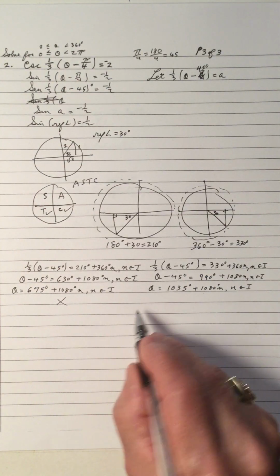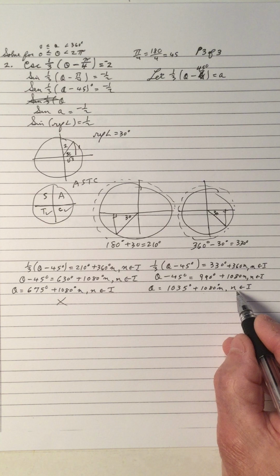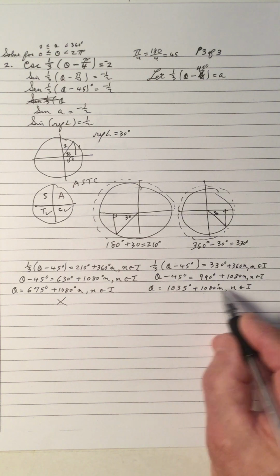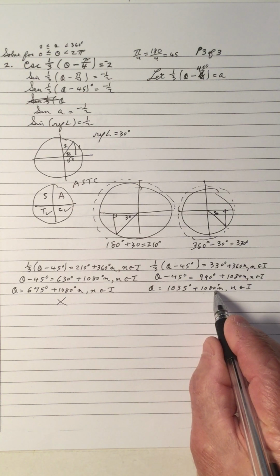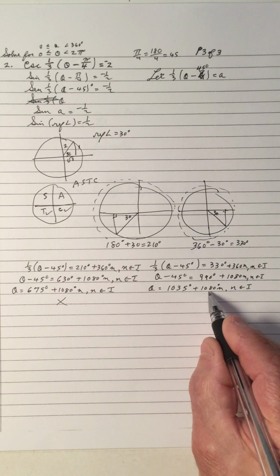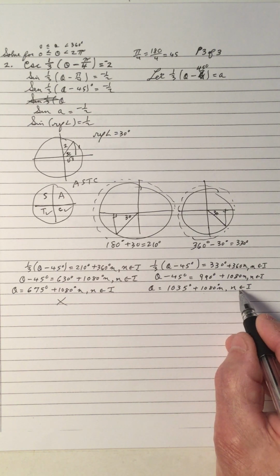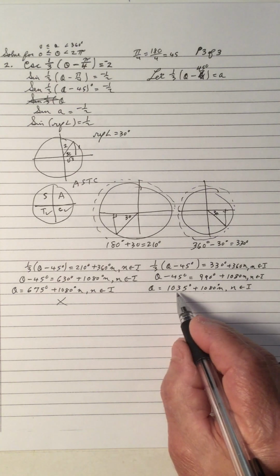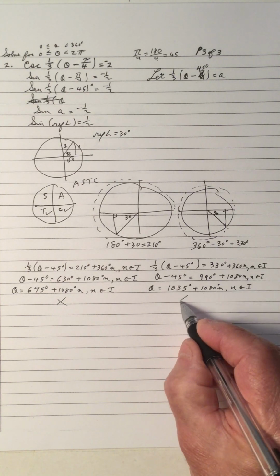So let's try this one. Now we're going to try right here. If n is -1, then that's -45. If n is 0, we get 1,035. Anything after that is going to be larger than 1,035. So this one won't work.